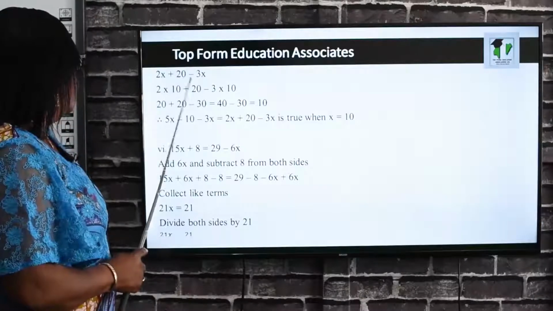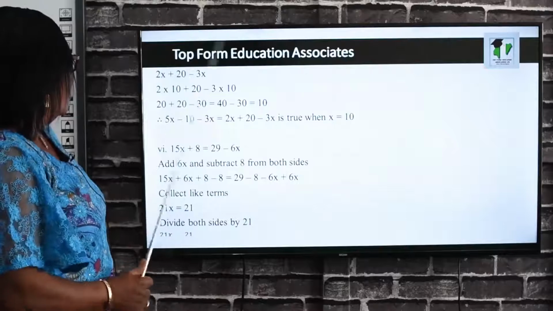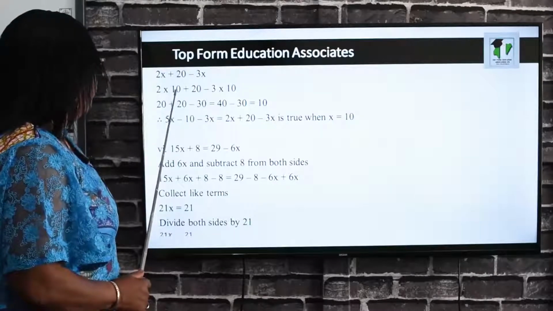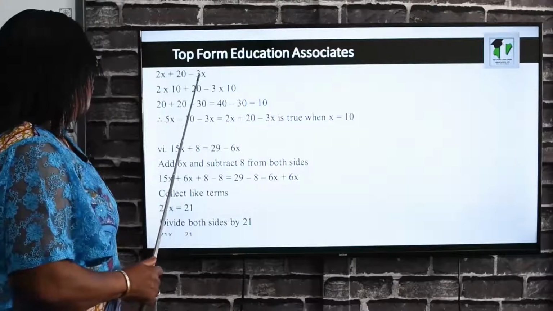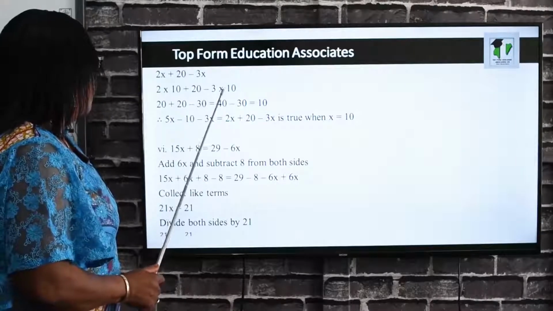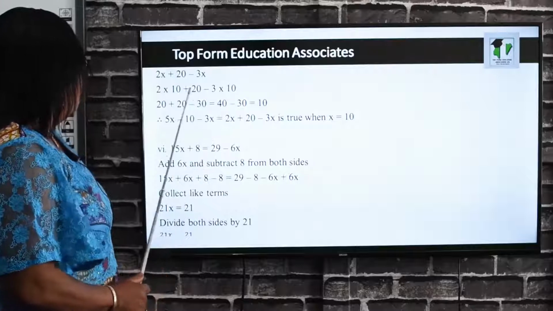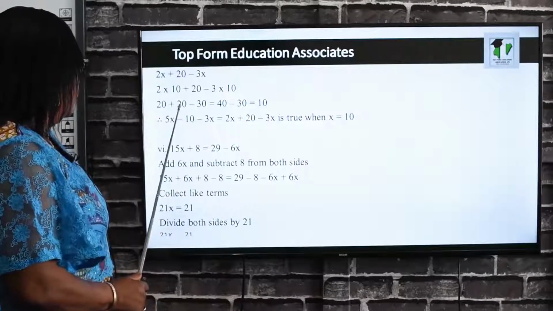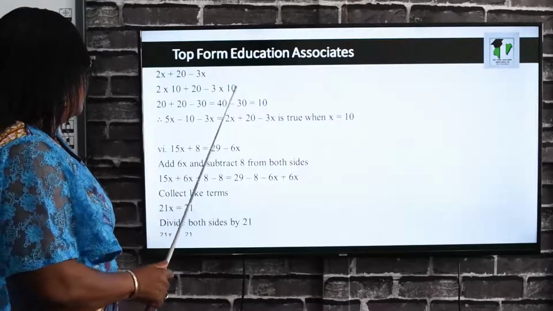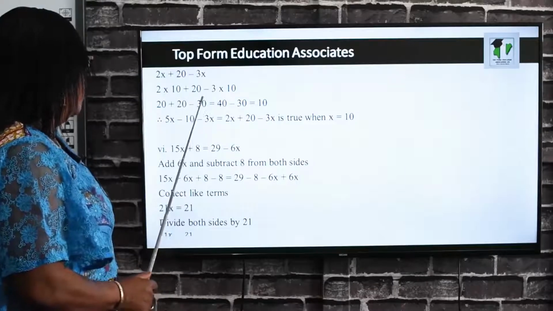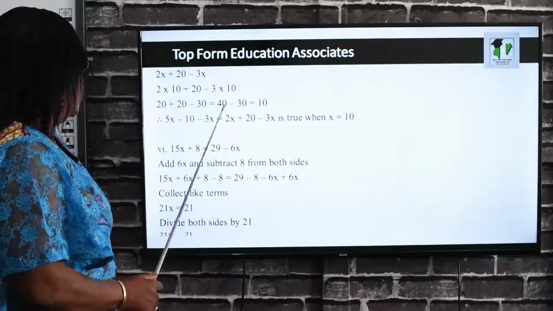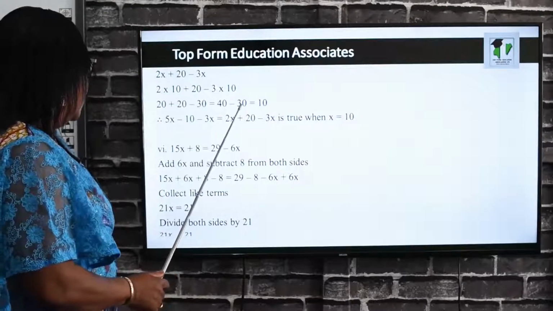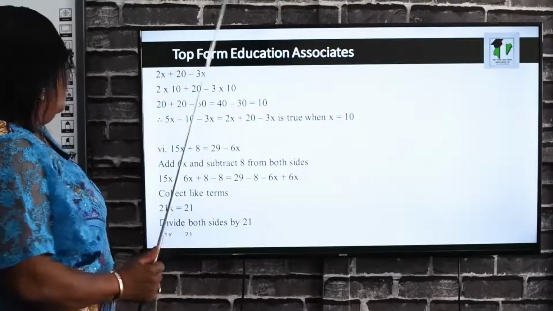2x plus 20 minus 3x, that's the other side of the question. So that gives us 2 times 10 plus 20 minus 3 times x, which is 10. So 2 times 10 is 20, plus 20, minus 3 times 10 is 30, giving us 20 plus 20 is 40, then minus 3 times 10, which is 30, which is equal to 10.